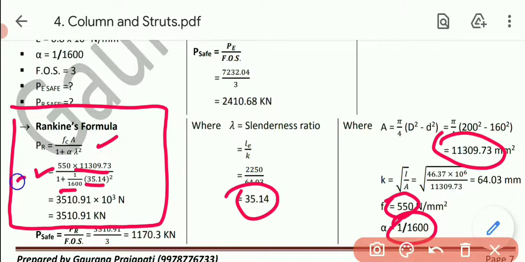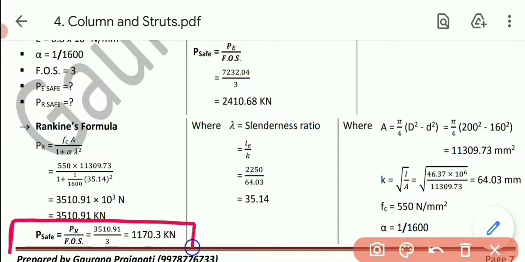By simplifying this I will get the answer 3510.91 into 10 raised to 3, and let's convert it into kilonewton, 3510.91 kilonewton. Then for the safe load we take Rankine's load divided by the factor of safety. The factor of safety is 3, so I will get the final answer, 1170.3 kilonewton.